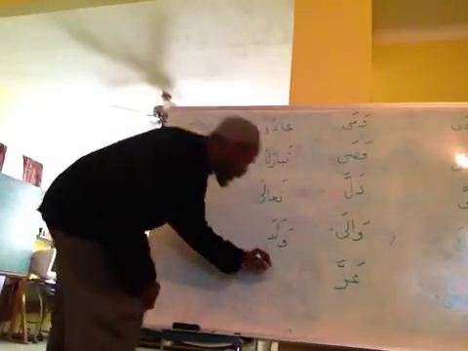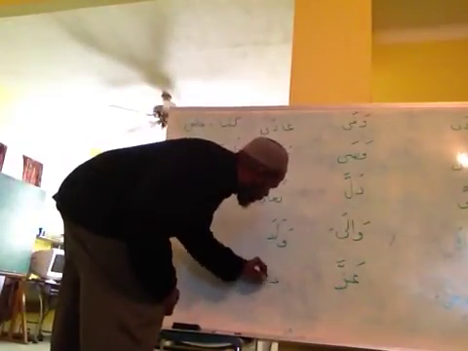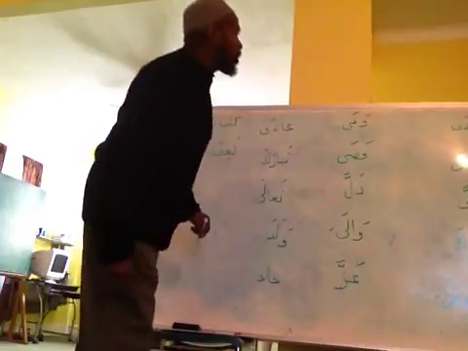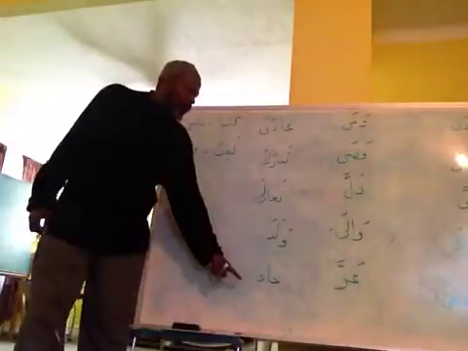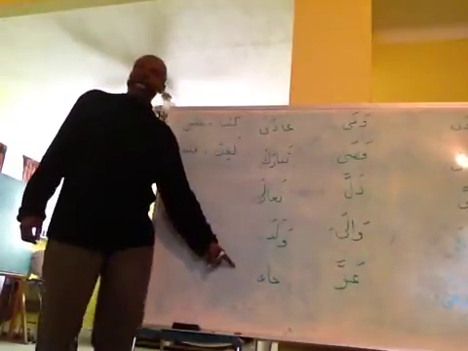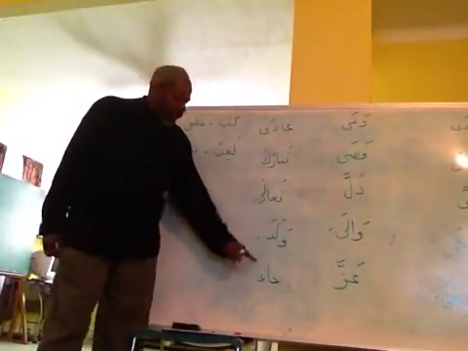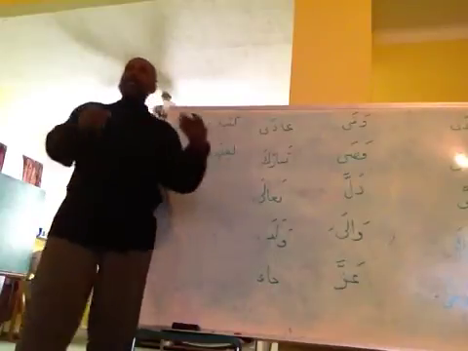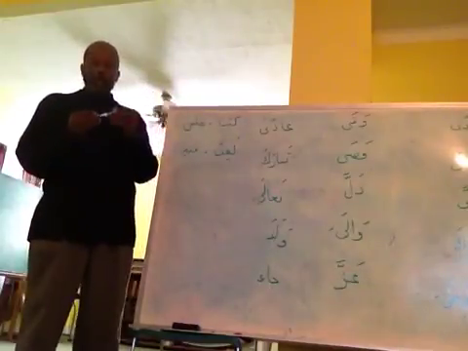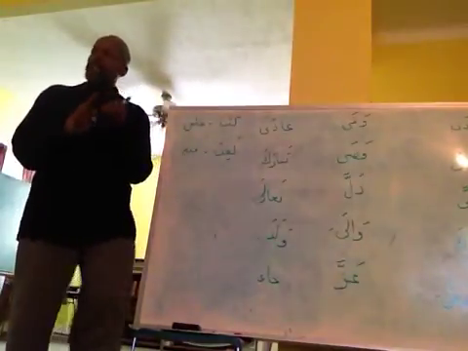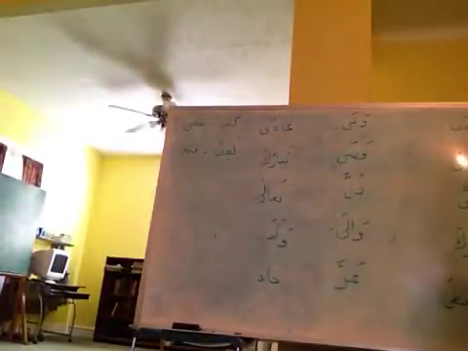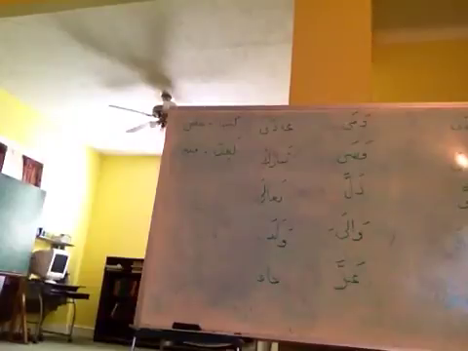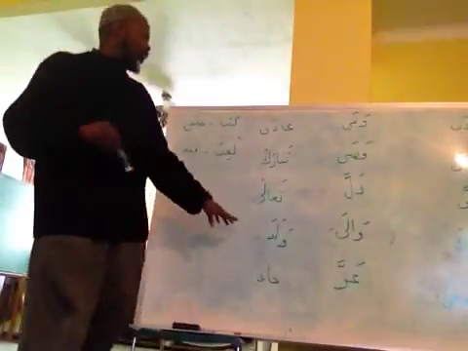Or a verb like ja. Ja is weak where? In the middle. So a weak verb is weak three ways: the beginning letter is weak, the middle letter is weak, or the final letter is weak.